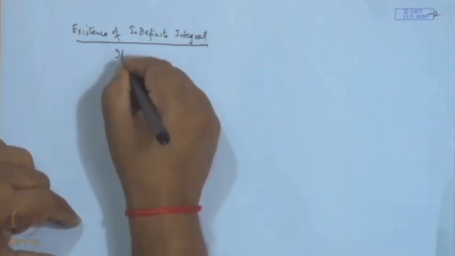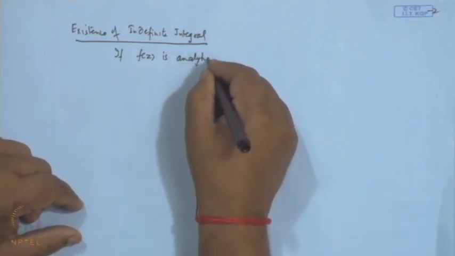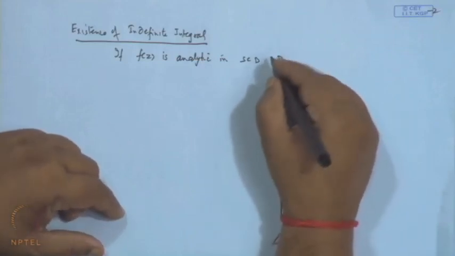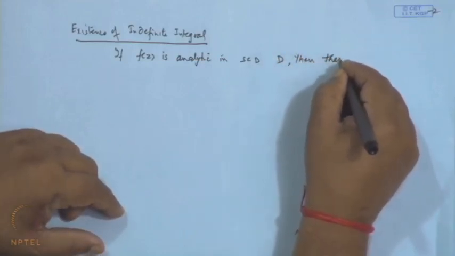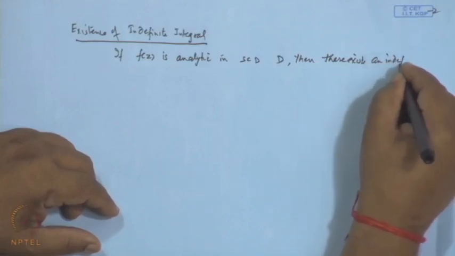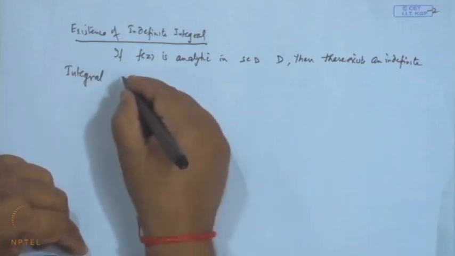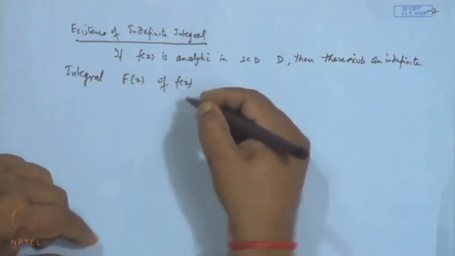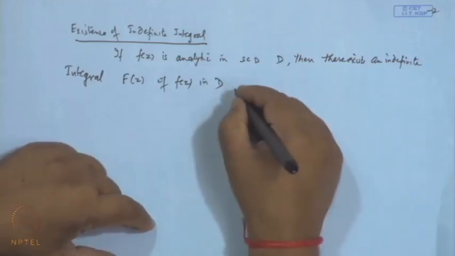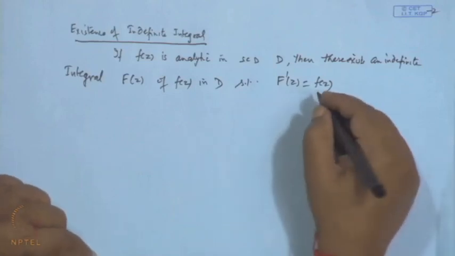What this says is, if the function f(z) is analytic in a simply connected domain D, then there exists an indefinite integral capital F(z) of small f(z) in D such that F prime z equals f(z), which is analytic.